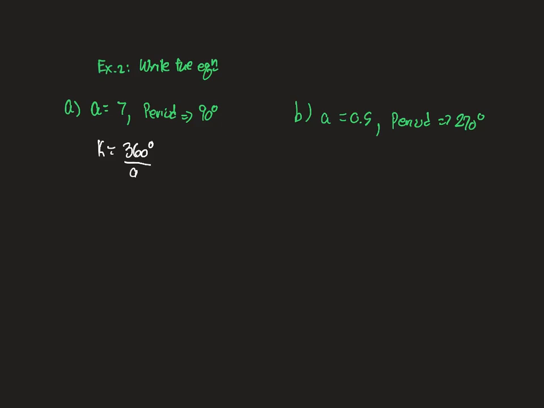In this case, it's 90, equal to 4. So I know my K value is 4, in which case I can go y is equal to 7 sine 4x.